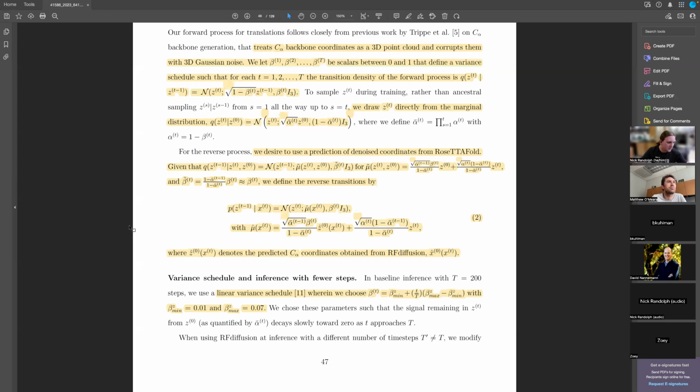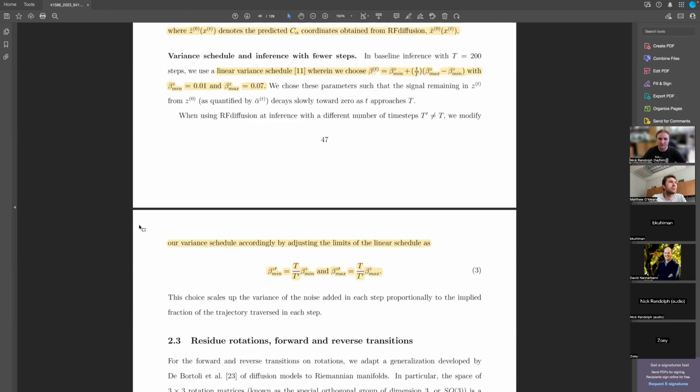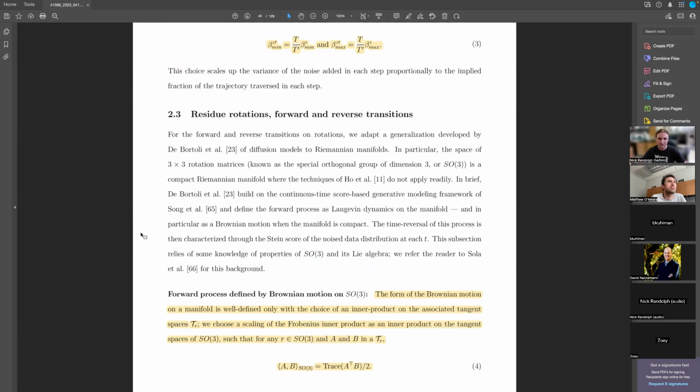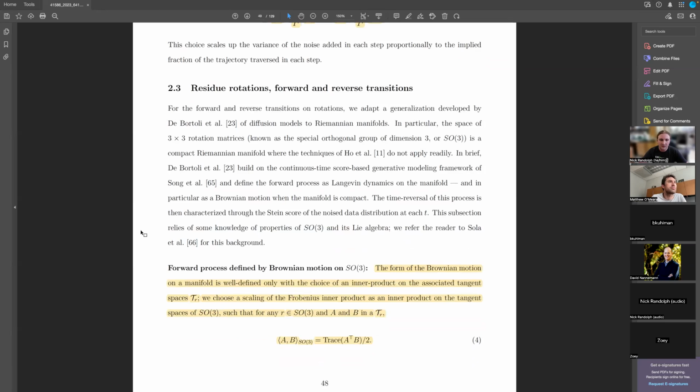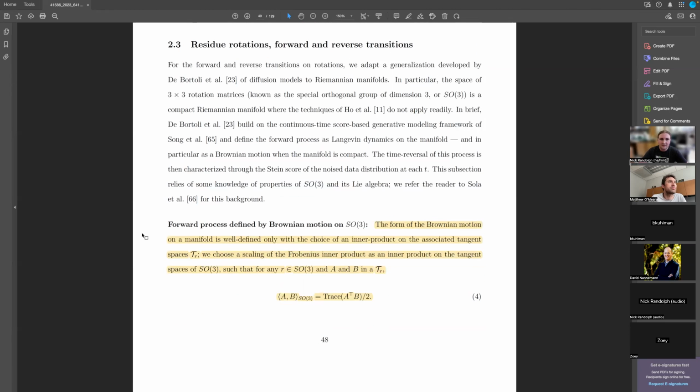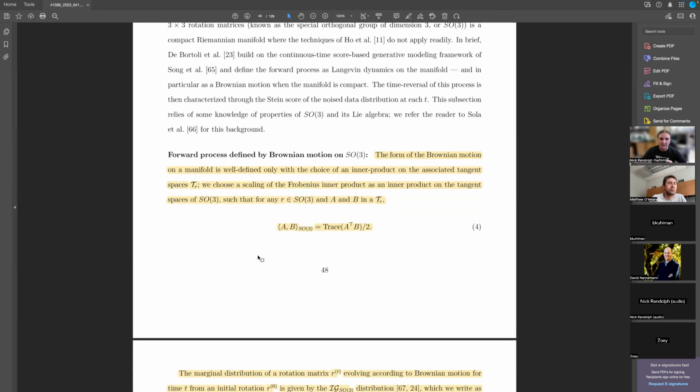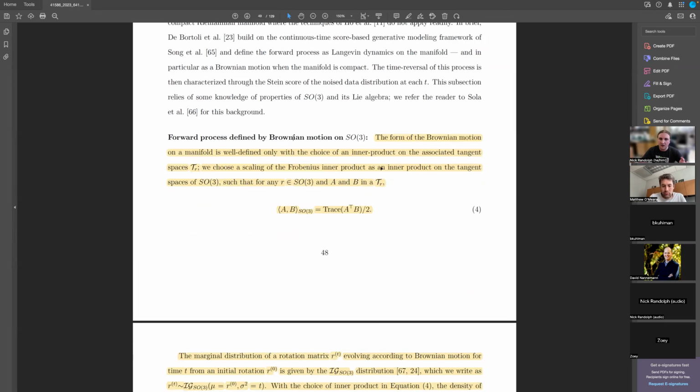Okay, let's push forward into the rotations, because this is where it gets a little more complicated. We saw a little of this for FrameDiff. The rotations live on SO3, which is the manifold of all rotation matrices in 3D. You have to define some sort of inner product on this in order to do the Brownian motion on this manifold, so we do it on the tangent space of the manifold.